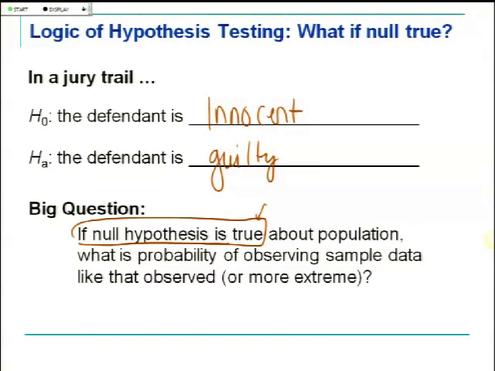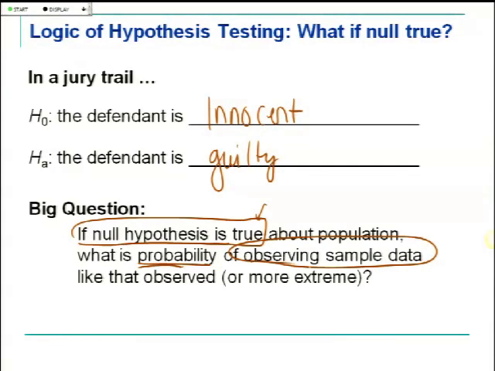We start out with the status quo. We pretend there's no difference. The data comes in, and we look at it and say, is it likely to have come under that theory or unlikely? We will measure the probability of getting what we got in our data under the null hypothesis. And that probability is called a p-value.